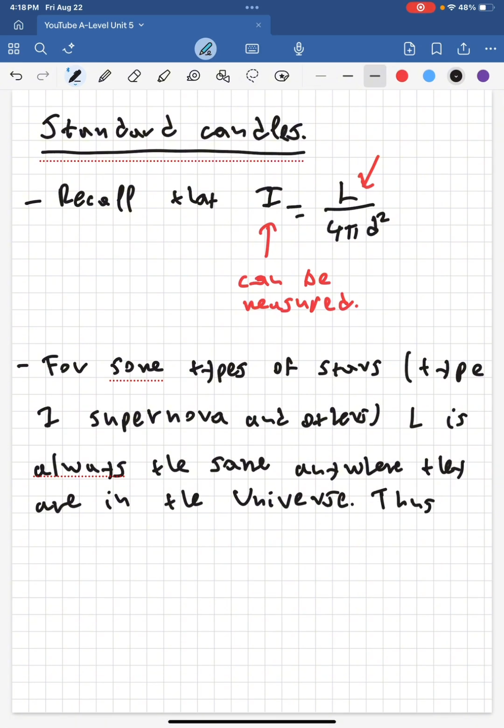Thus, if one is found, its luminosity is automatically known.